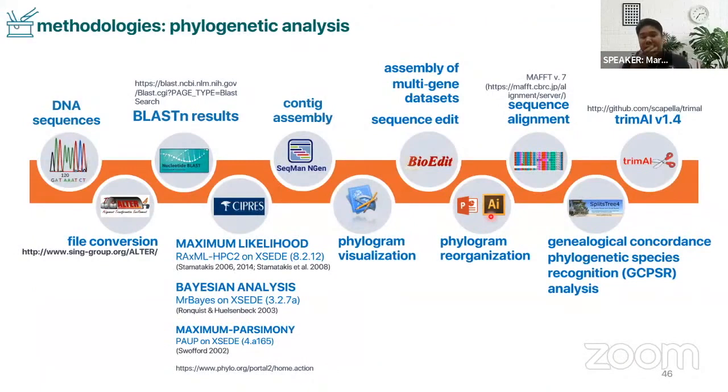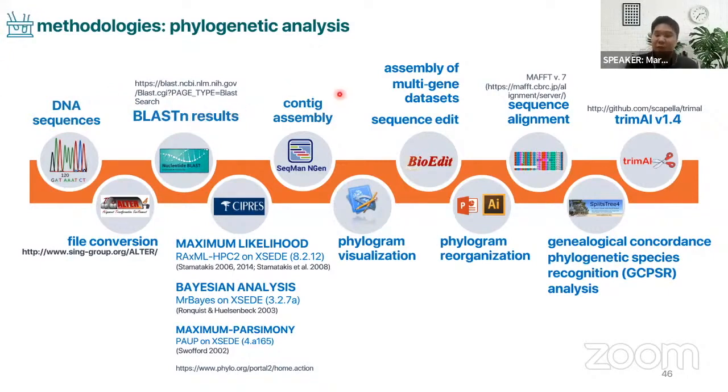And after that, when you have good enough mycelia or culture, you can do a phylogenetic analysis. This is just a step, but this is very easy also. You have DNA sequences, you need to BLAST to see the closest relatives.